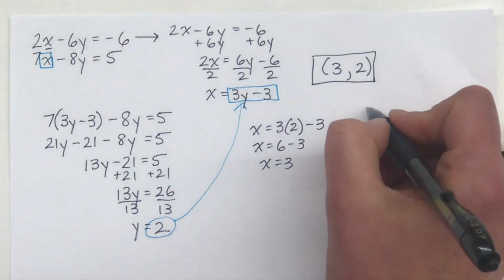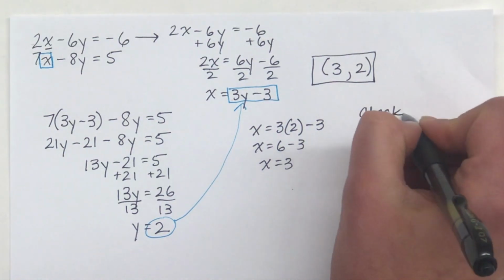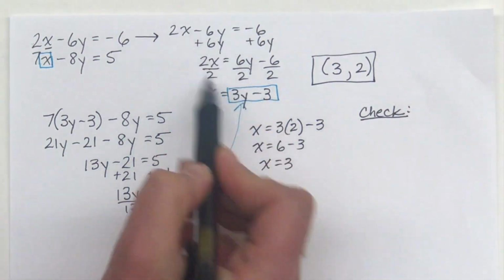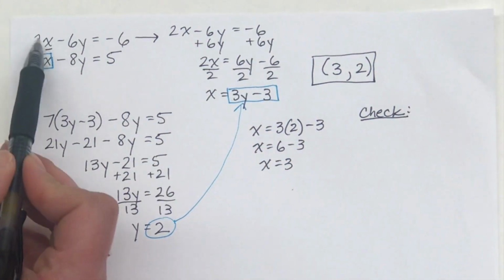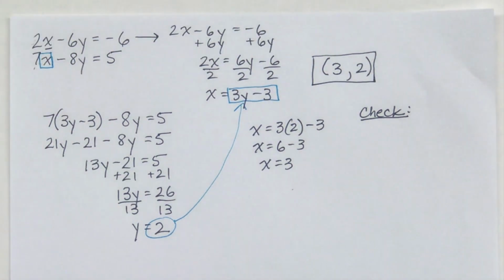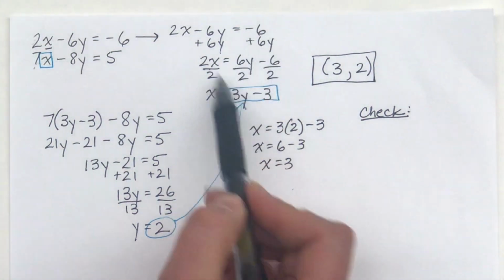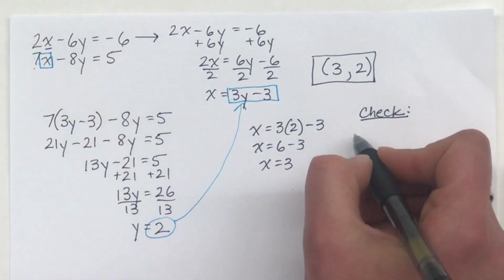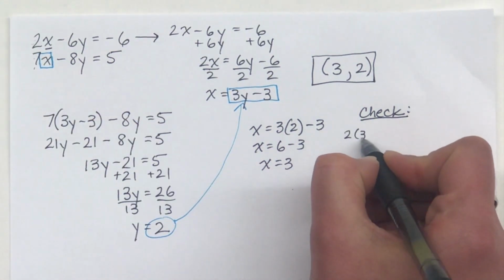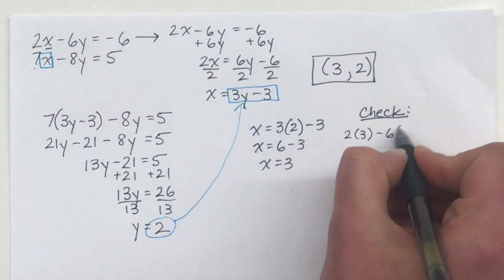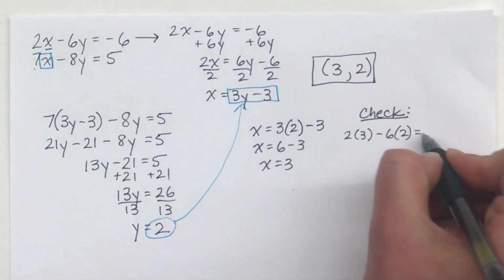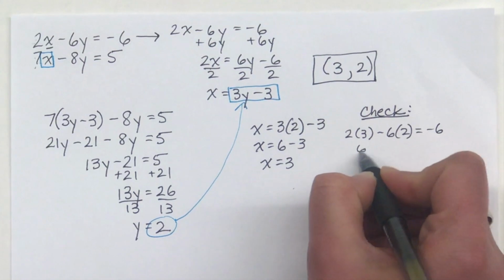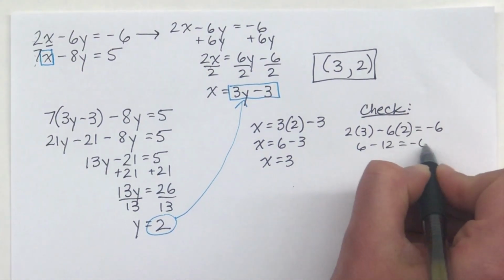Again, always good to do a check. Sometimes when you have to do a lot of manipulation, it might be a good idea just to use both of the original equations to make sure that you did your manipulation correct in the first place. So I'm going to use both of my original equations. So 2 times 3 for x minus 6 times 2 for y is equal to negative 6. 6 minus 12 is equal to negative 6.